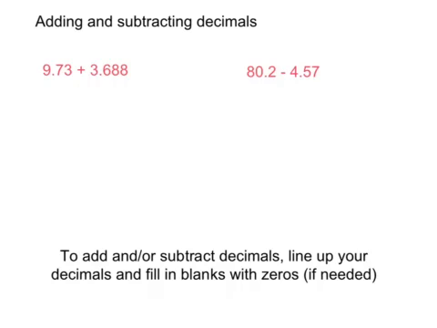I'm going to rewrite this as a vertical problem as 9, and I'm going to be lining up my decimals. As you can see, they are right in a line.